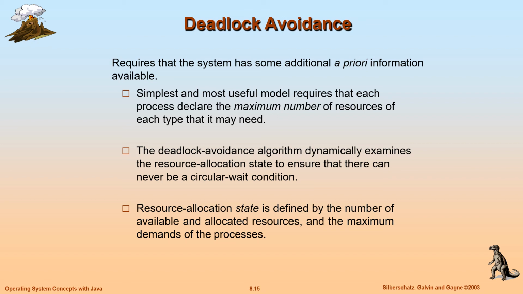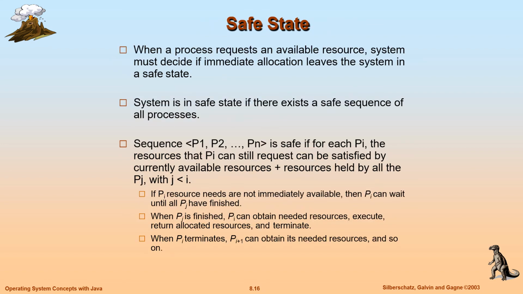Resource allocation state is defined by the number of available and allocated resources and the maximum demands of the processes. We'll see what is a safe state. When a process requests an available resource, the system must decide if immediate allocation leaves the system in a safe state.